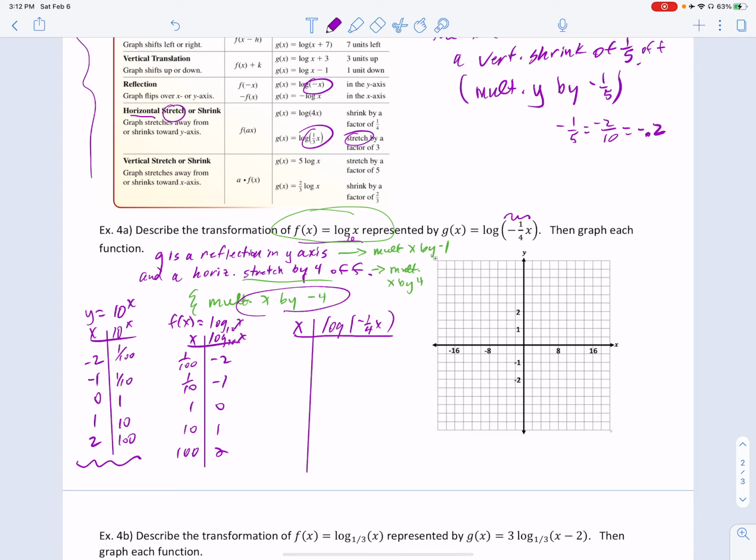So multiply all the x values here by -4. I'm going to have -4/100ths, -4/10ths, -4, -40, and -400. And for those, the y values stay the same.